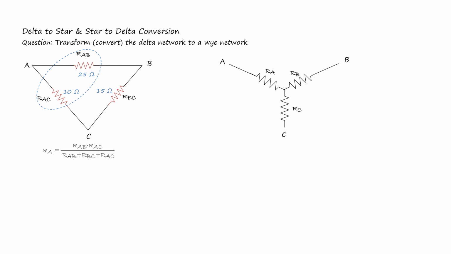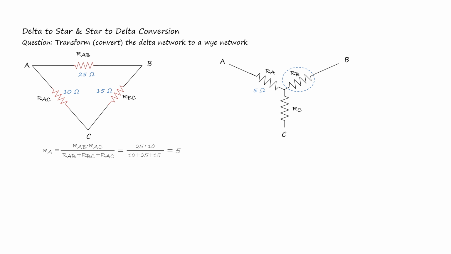So RA is equal to 25 times 10 over 10 plus 25 plus 15, which gives us 5 ohms. So in the Y network we get RA equal to 5 ohms.